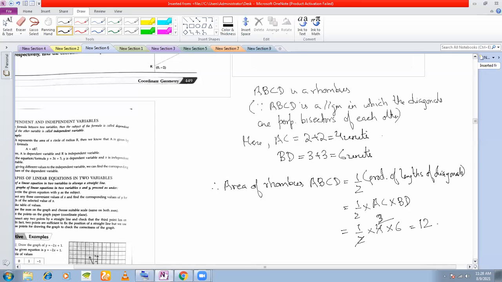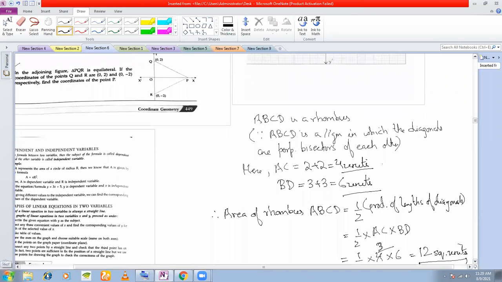What should be the unit? We simply write here square units. Clear? Because all this is in units, so this is in square units. Clear with this?